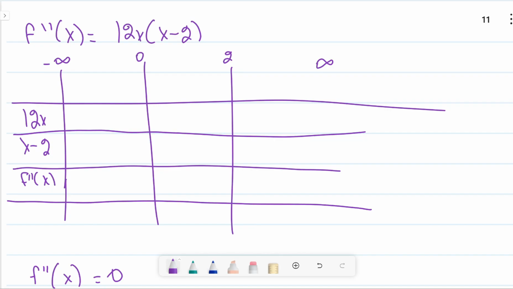So 12x is negative, it's 0 when x equals 0, and then positive on the other intervals. x minus 2 is 0 when x equals 2, positive when x is greater than 2, and negative otherwise. So the second derivative is positive, then negative, then positive. Positive means upward concavity, negative means downward concavity, and then again we have upward here.